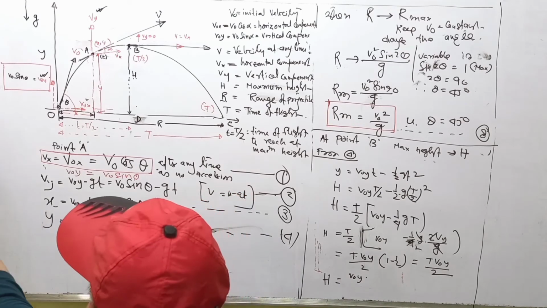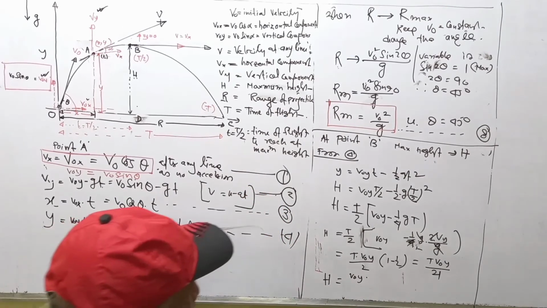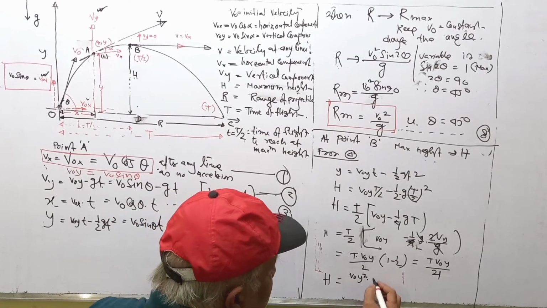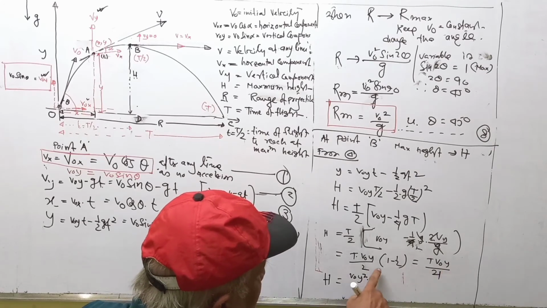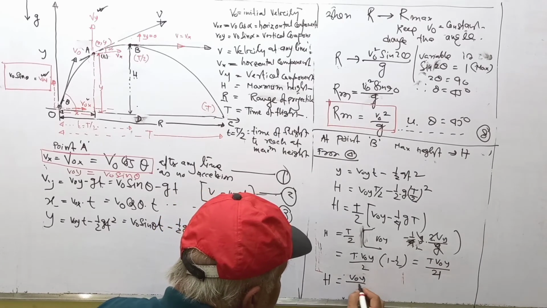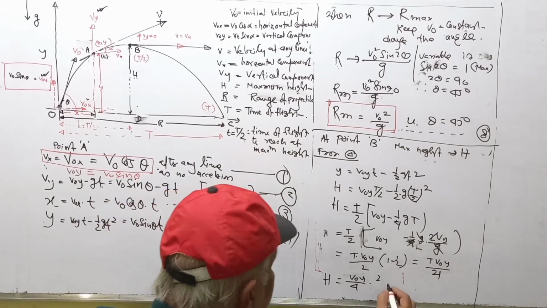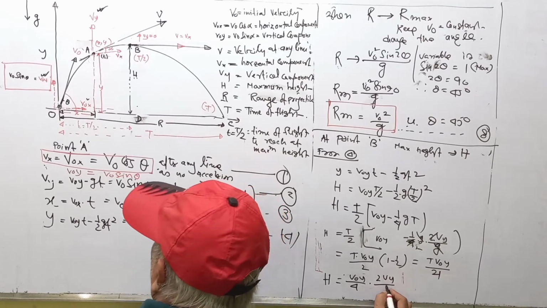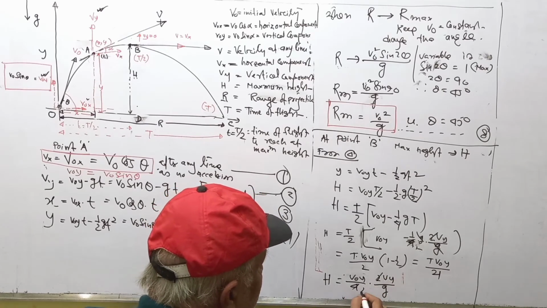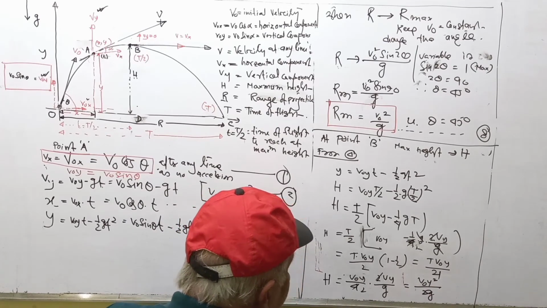Now it cancels, and we get v0y square by 2g.